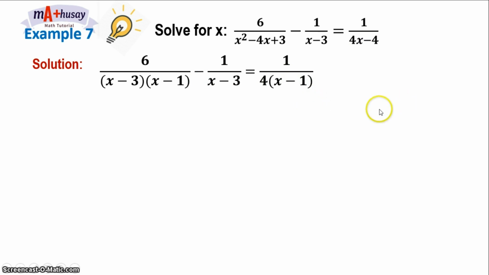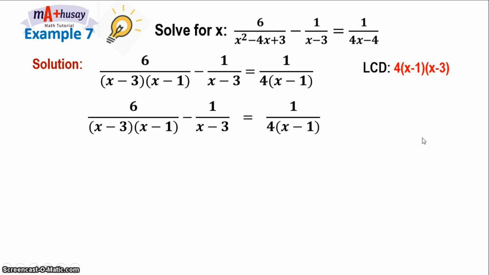So, in this case, makakakuha na tayo ng LCD. So, meron tayong x minus 1, meron tayong x minus 3, at 4. So, ang LCD natin ay 4 times the quantity of x minus 1 times the quantity of x minus 3.